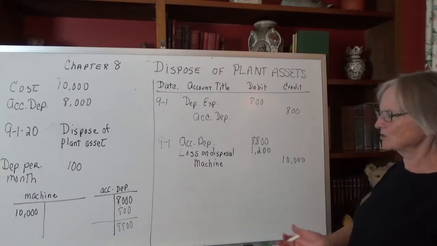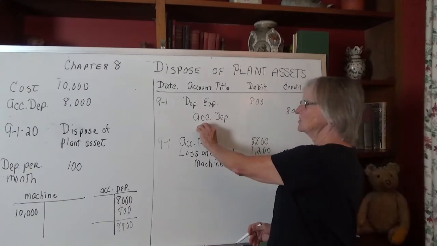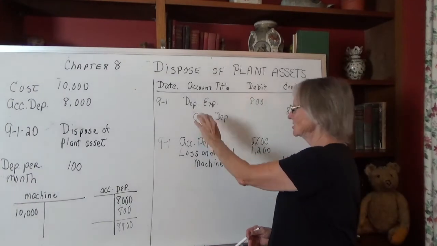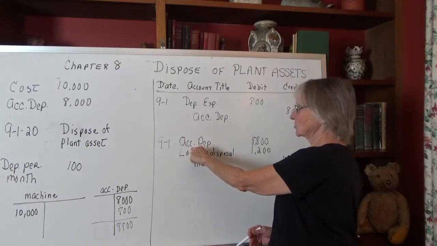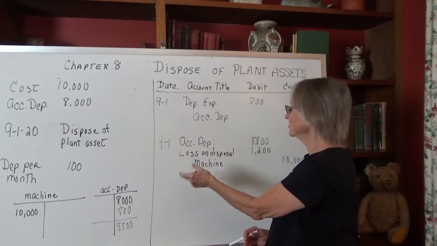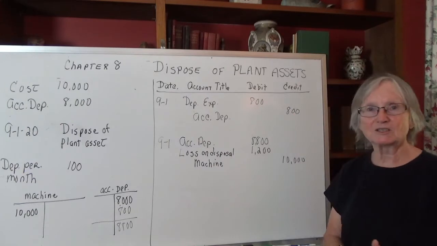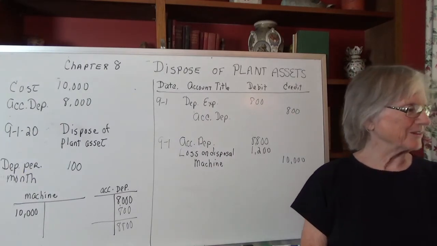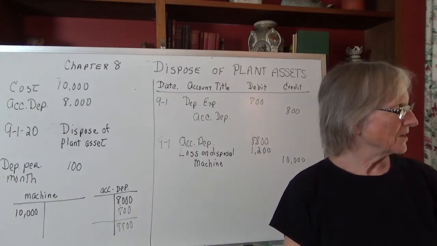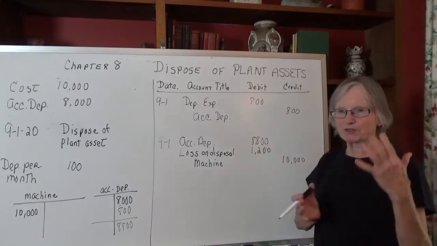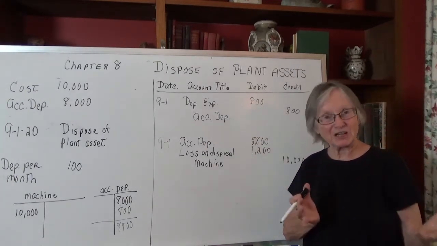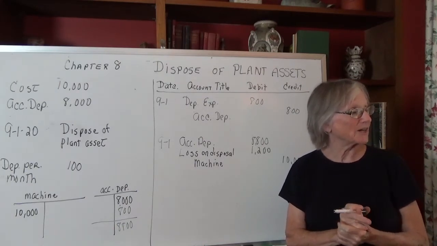Okay, so that's the basic process. Update the depreciation expense to the date of the sale. Make sure you take off the machine, you take off the associated accumulated depreciation, and then any difference will be a gain or a loss on the transaction. The notes show you another, more technical way to compute the gain or loss.